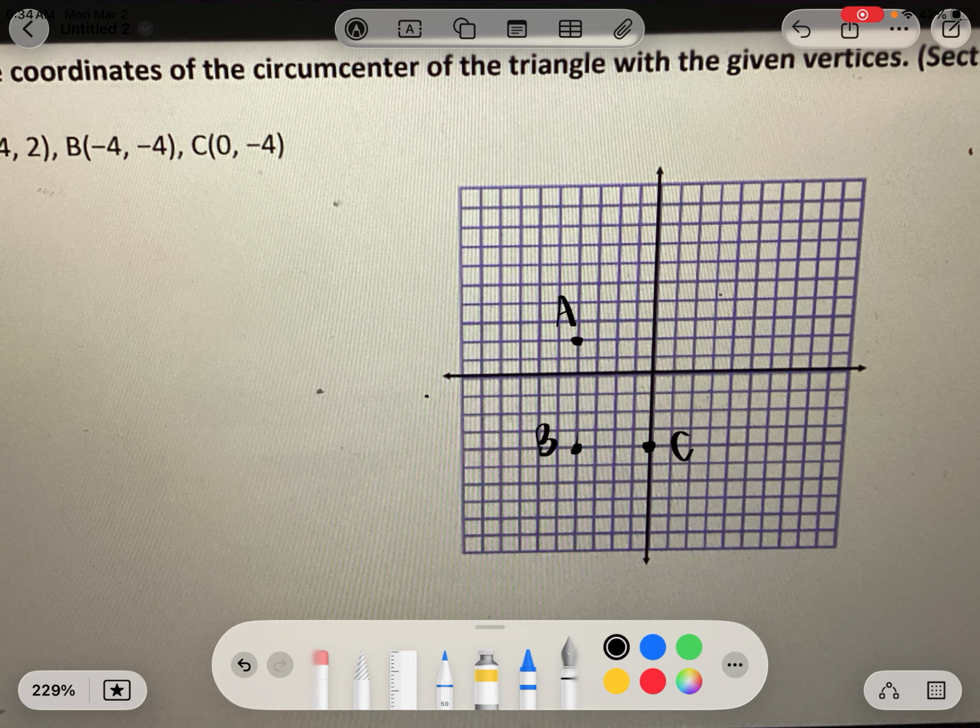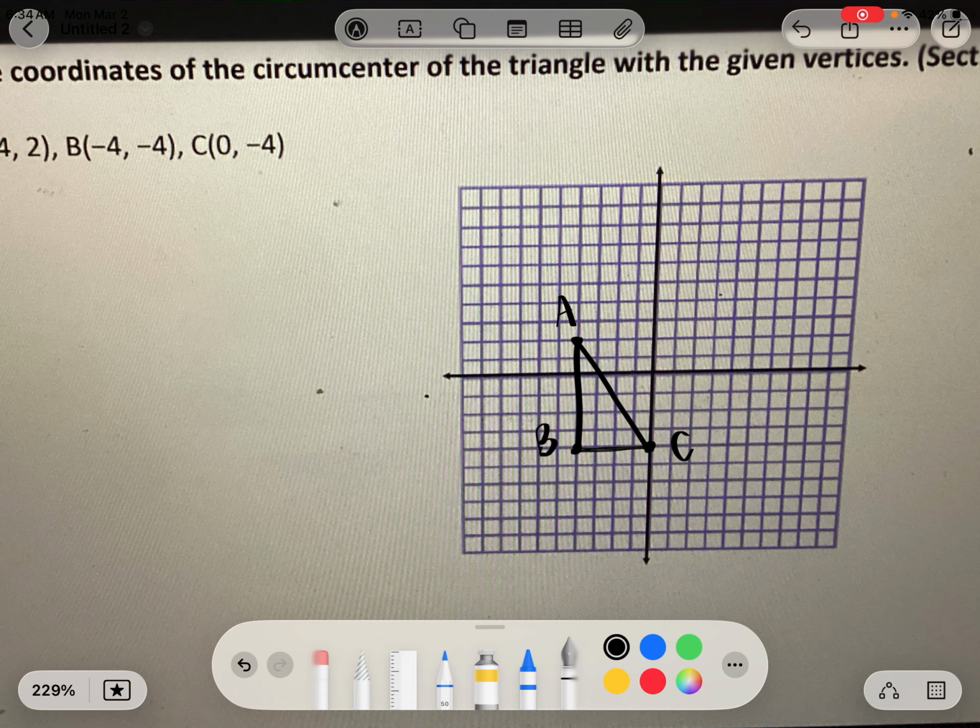So if I tried to connect the dots as best I could, remember the circumcenter is where the three perpendicular bisectors meet.